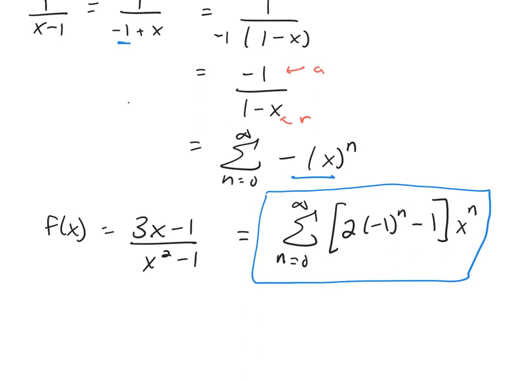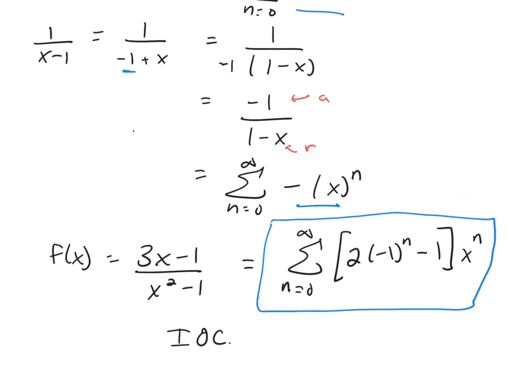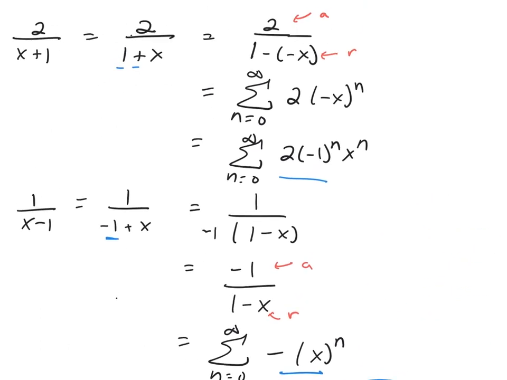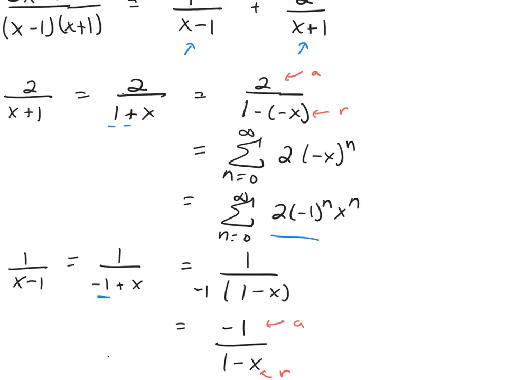Now we can ask about the interval of convergence here. To figure out the interval of convergence, you're going to have to go back to your two power series and look at their intervals of convergence. So here, my r was negative x. So here, my radius of convergence is 1.